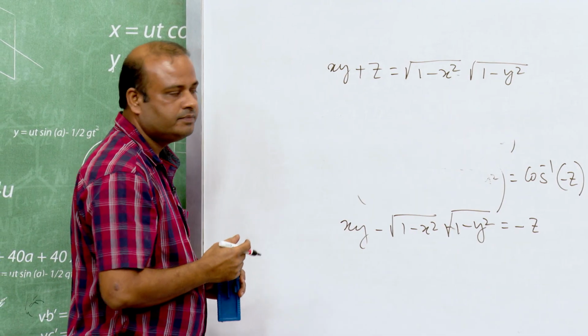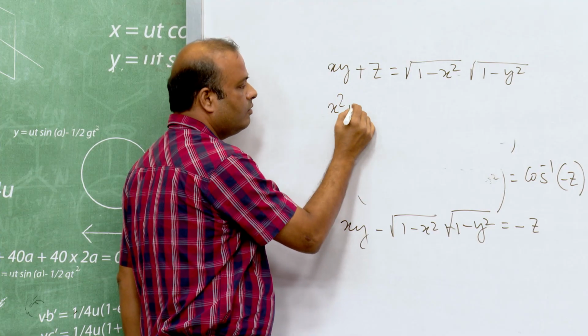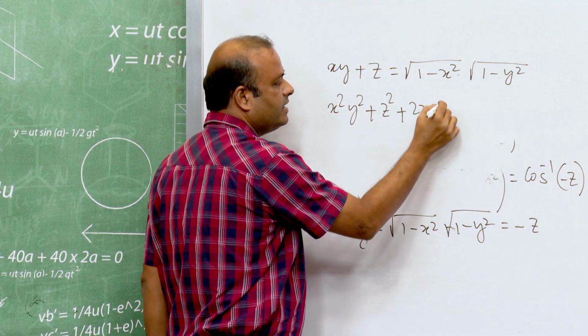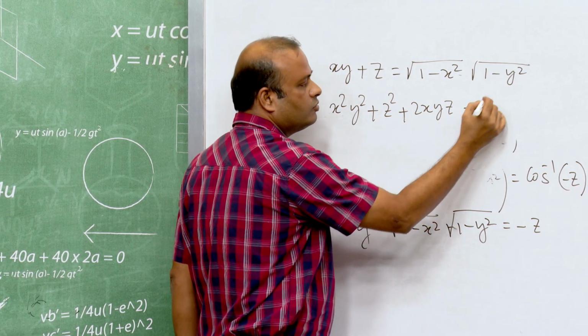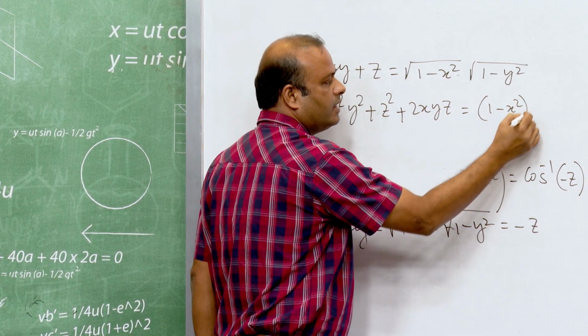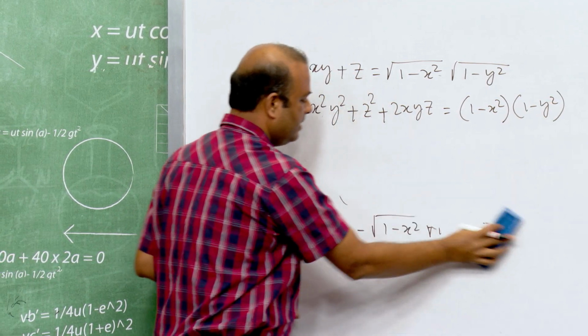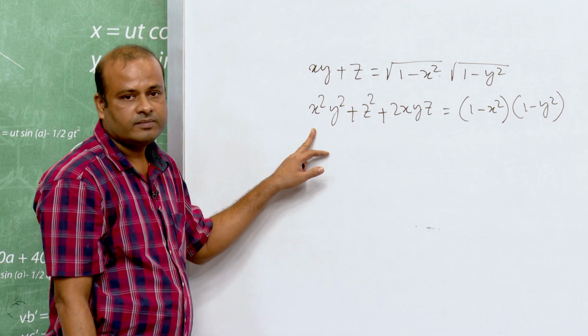Squaring both sides, x square y square plus z square plus 2xyz is equal to 1 minus x square into 1 minus y square, right? So squaring both sides we get this one.